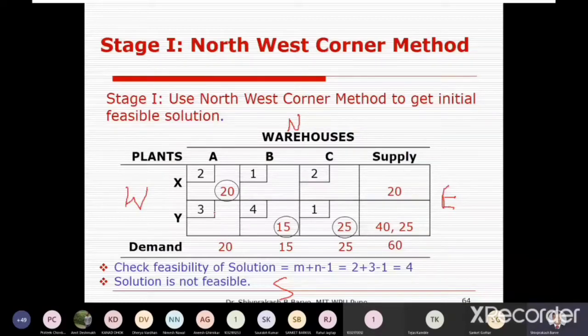So we have to find the northwest corner of this two-dimensional figure. This northwest corner is this cell, XA.